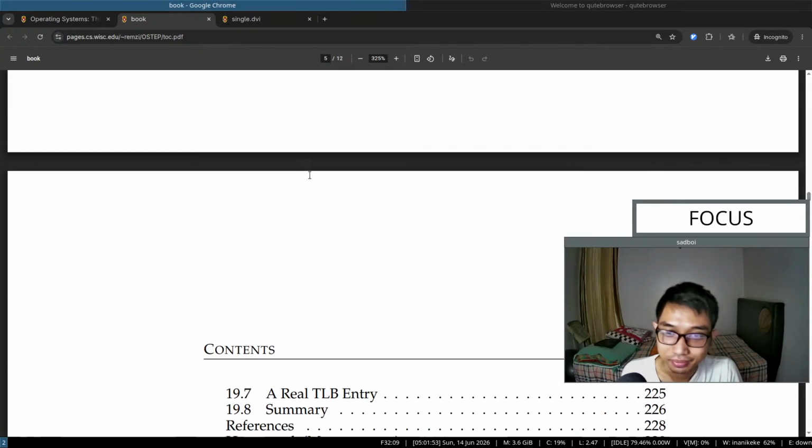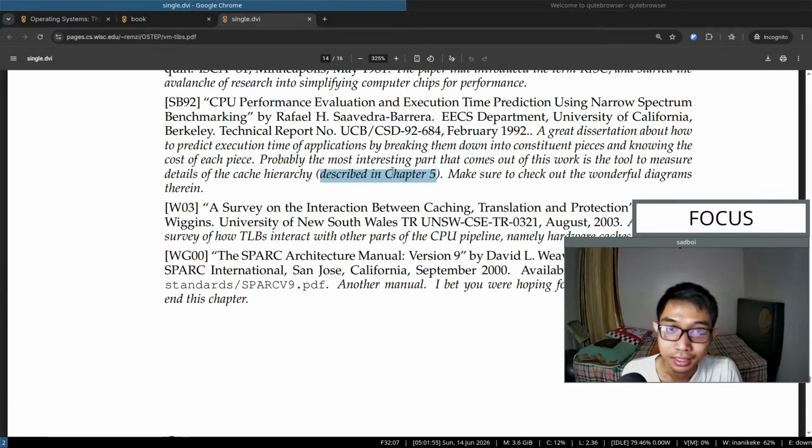Yeah, I mean, okay. Chapter 5 in this dissertation, I guess. Make sure to check out the wonderful diagram therein.